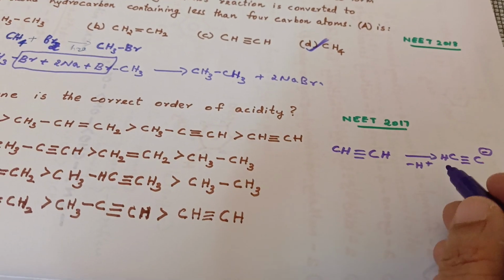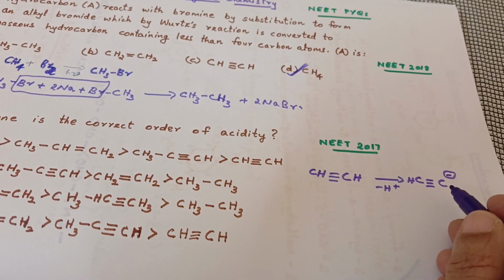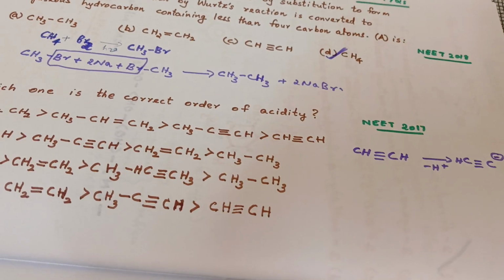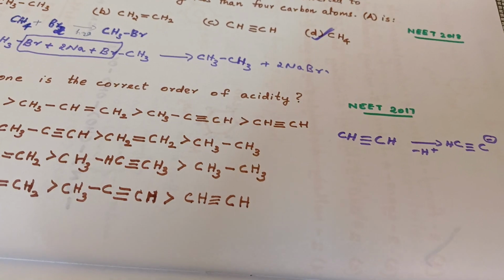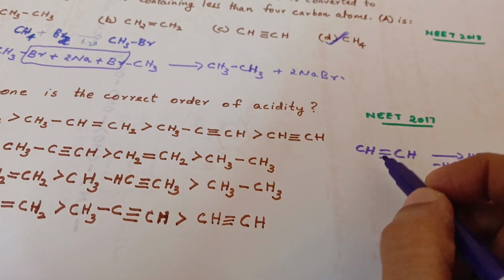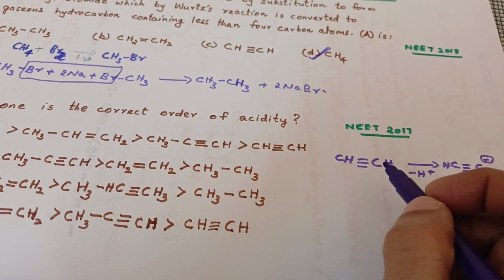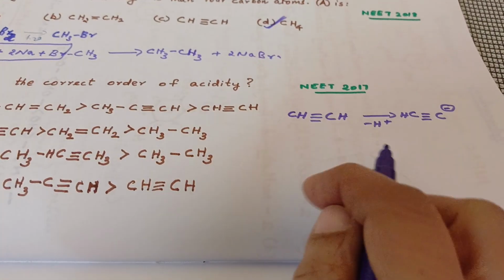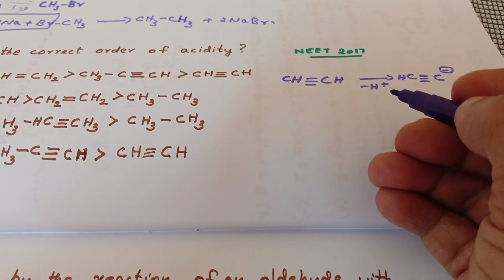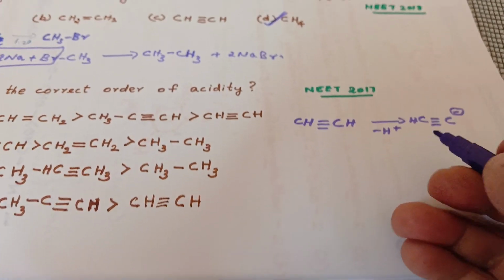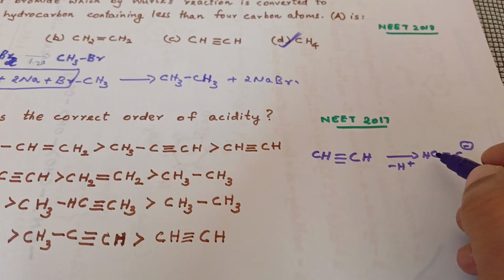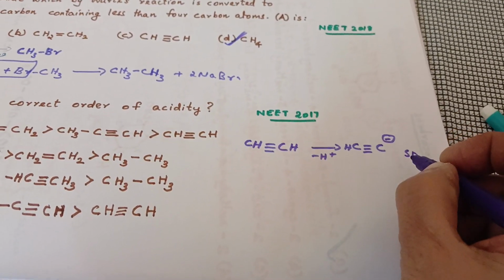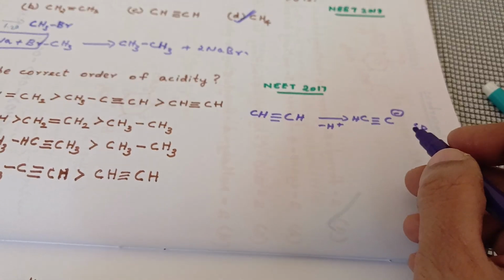The stability of this is directly proportional to the s character of the hybridization of the carbon atom. So in ethyne, when there is a triple bond, the hybridization is sp, that means 50% s character.